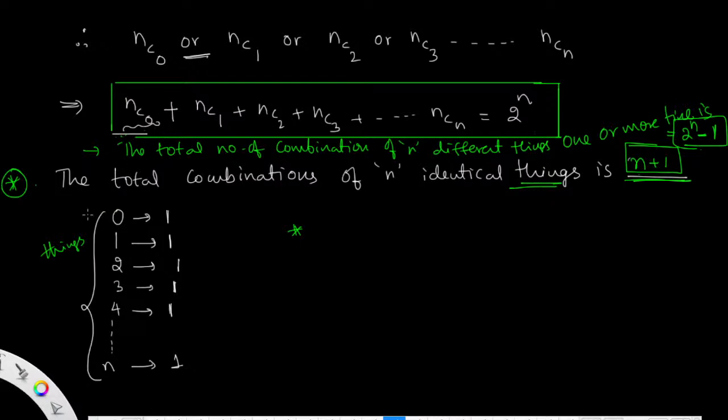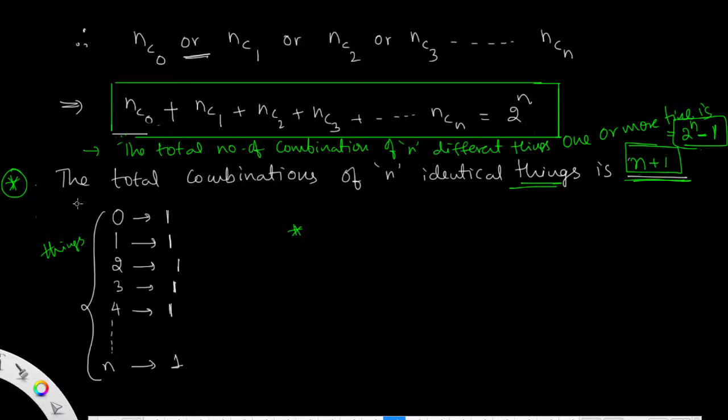Only the case of selecting nothing is excluded, so starting with 1, 2, 3, 4 up to n things is 2 power n minus nC0, which gives the formula 2 power n minus 1. This is the formula for the total number of combinations of n different things taking one or more things, 2 to the power of n minus 1. Total combinations including all cases is 2 power n.